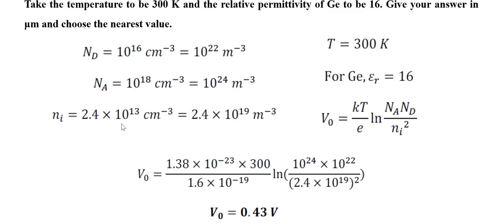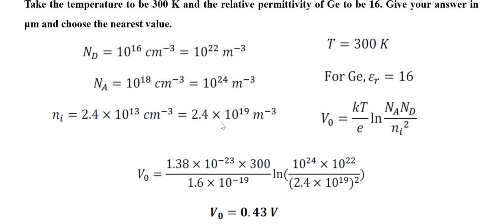No, ma'am. Okay, where did the substitution go wrong? First Kt, 1.38, then e, 1.6 into 10 power minus 19, then Na Nd by Ni square. Na is 10 power 24, and here you have to convert everything into meters. In case you are doing it in centimeters, the final answer also you'll get like that.